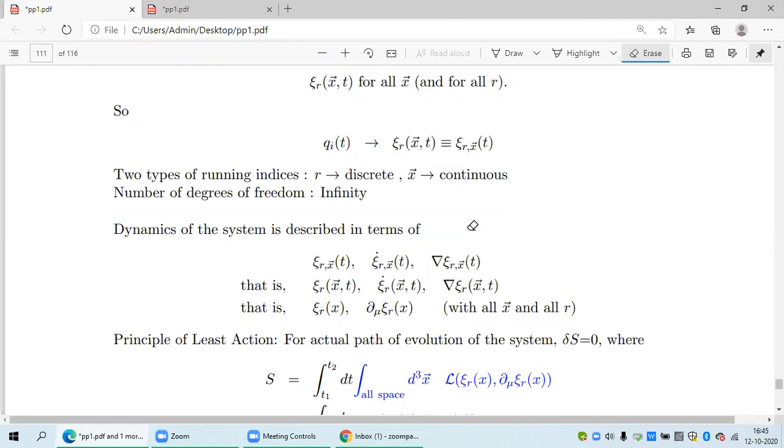Now what you are doing? Now you are quantizing relativistic mechanics. Classical relativistic mechanics you are quantizing. So the effect of quantization is only to describe the function as a wave function, and there you will get a function of x. When you do relativistic quantum mechanics, you get either the Klein-Gordon equation or the Dirac equation.